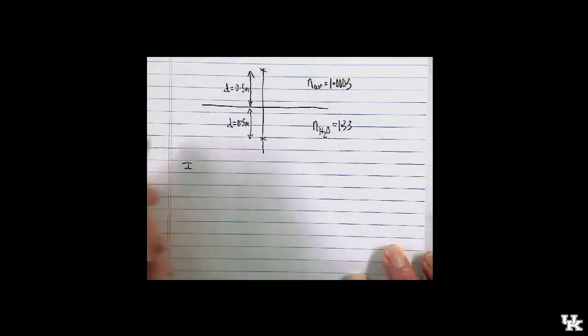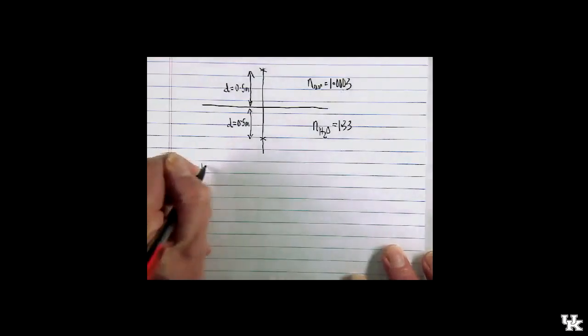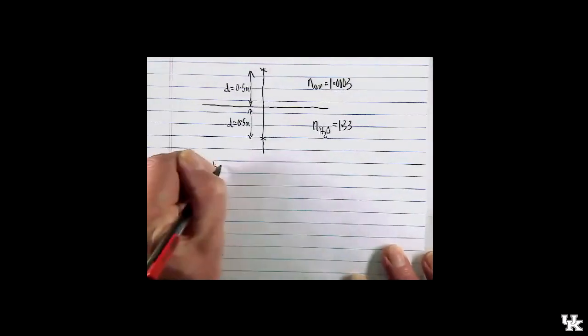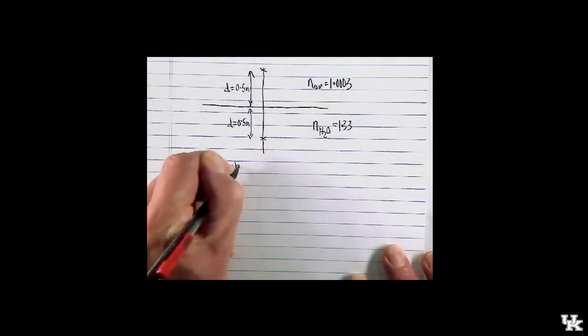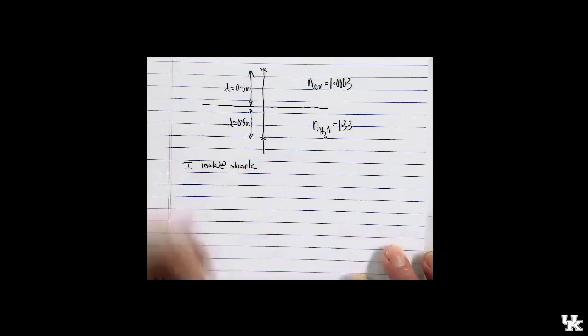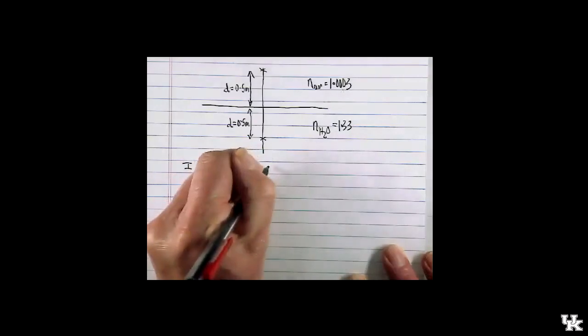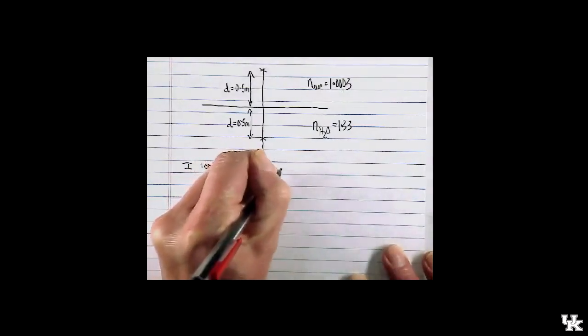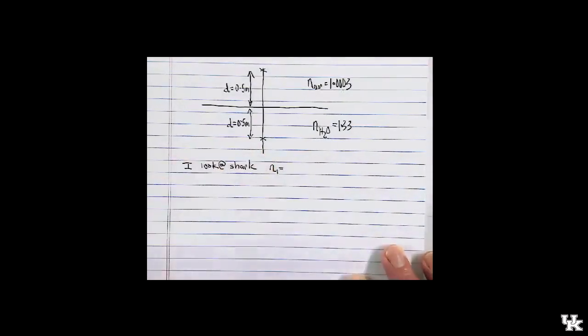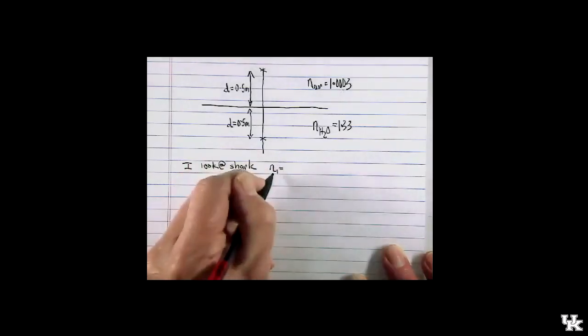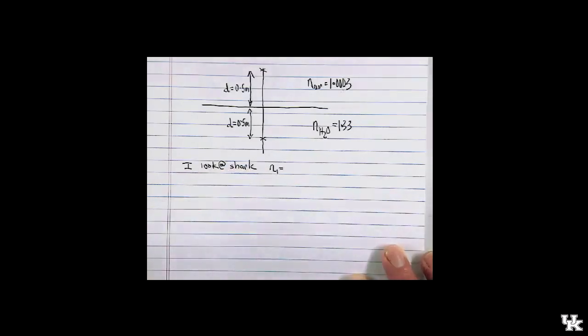So let's see. What am I doing? Good question. I look at the shark. So this is what I'm going to solve first: me looking at the shark. In that case, the first medium, where the light is coming from, we're going to call N1.